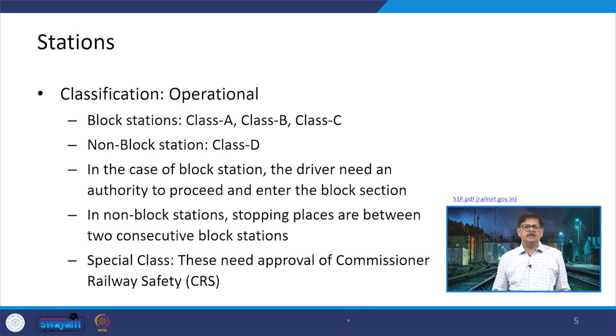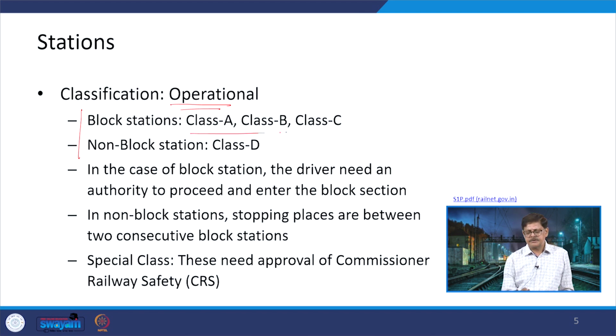Now, if we look at the classification of the stations, one such classification is an operational classification, and in terms of operational classification, they are defined as block stations or non-block stations. Within these, there are again various classifications.